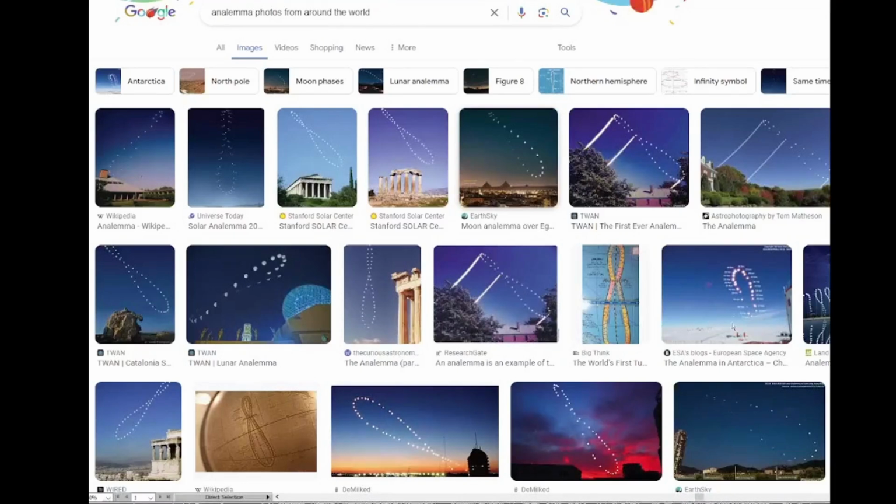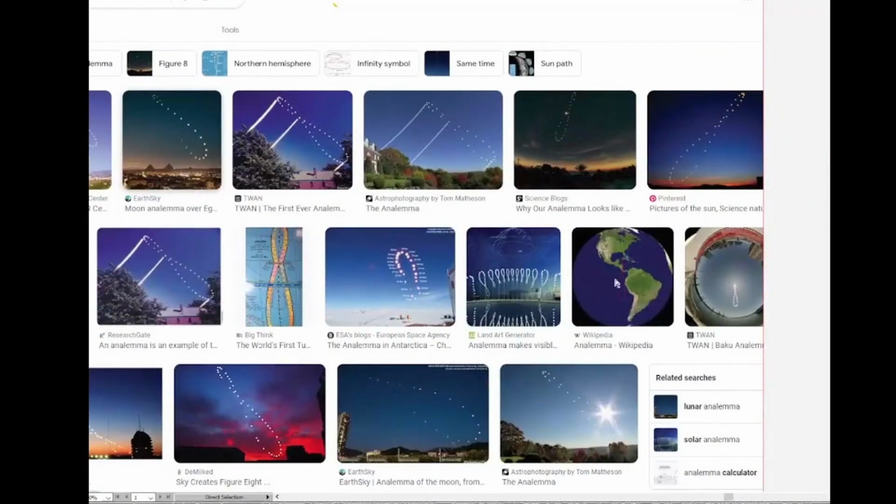So looking at the Analemma from the southern hemisphere, you're getting the opposite direction, the flipped direction of the Analemma. So you have the wider part higher in your view, and the smaller part is going to be lower in your view. And here's just Wikipedia's Analemma.